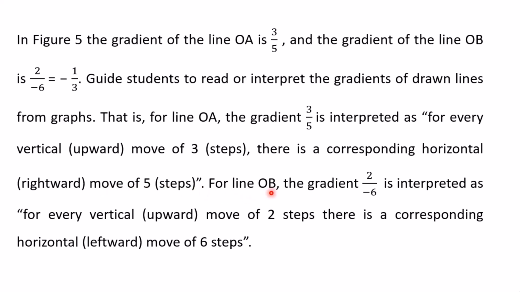So on the line OB, the gradient is going to be 2 over -6, because we move to the left 6 times. When we solve this one, we get -1/3. So that's why here we have -1/3 as the gradient of the line OB.